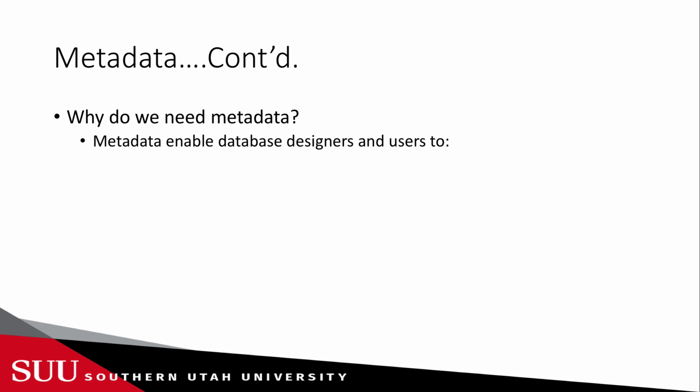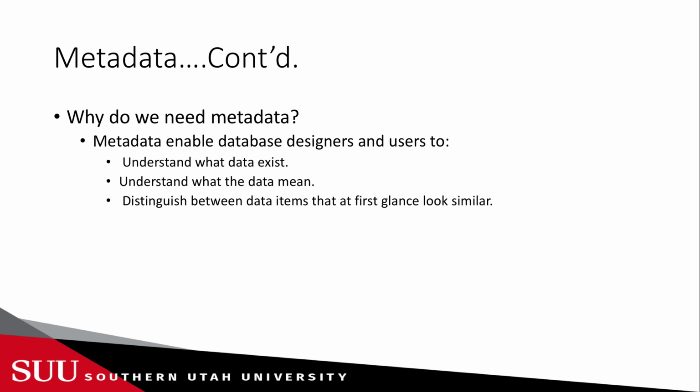It's going to enable the database designers to understand what data exists and what the data means, and will distinguish between data items that look similar at first glance, and will ultimately be able to design the database, which is a part for the database designers, which is us in this case.